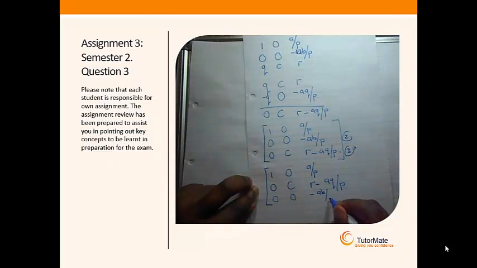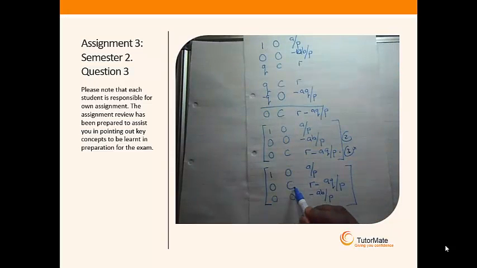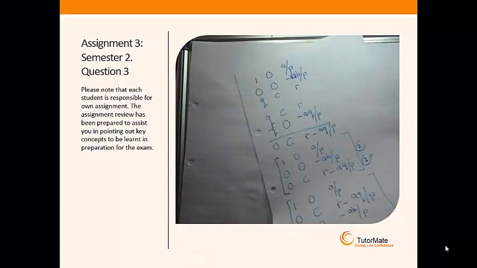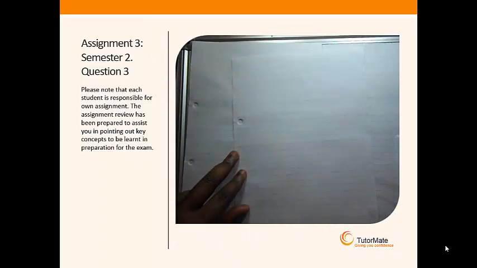Now I want to turn this C into a leading 1. So how do I do that? If I want to turn it into a leading 1, I have to divide my new second row.